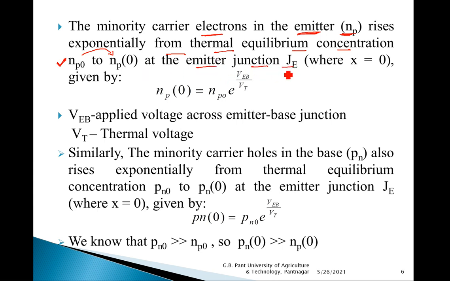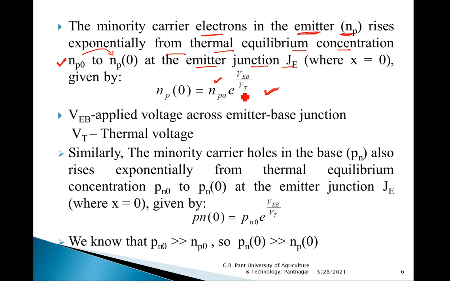Fine. So this rise in the minority charge carriers is given by this formula, that is Np(0) is equal to Np0 times e raised to the power VEB upon VT. What is Np0? This value is the concentration of electrons in the P region during thermal equilibrium.